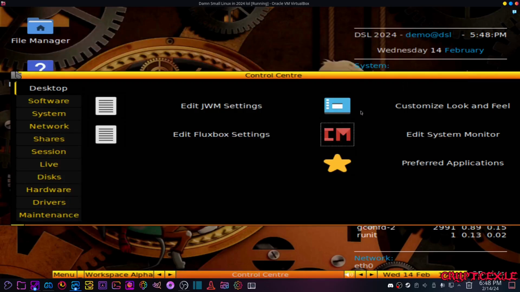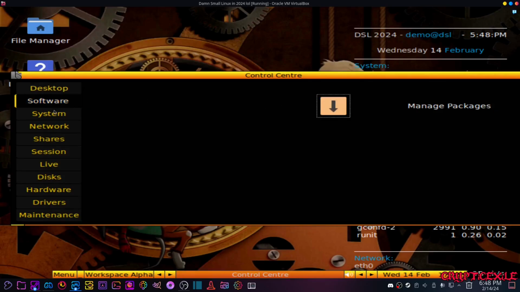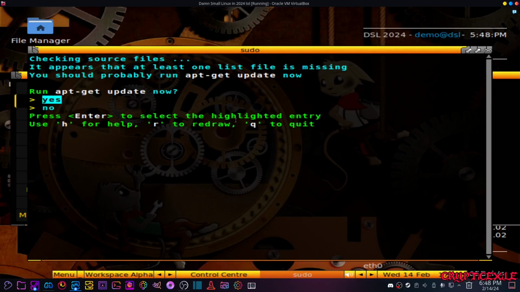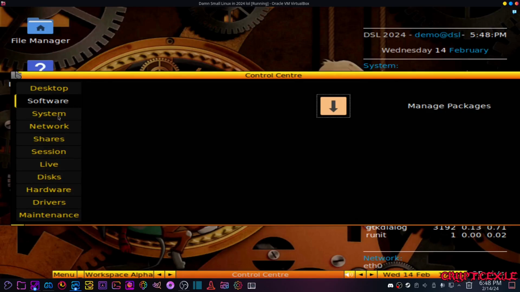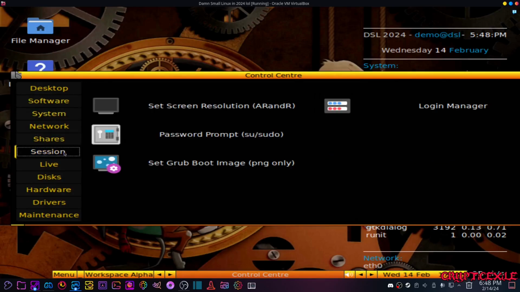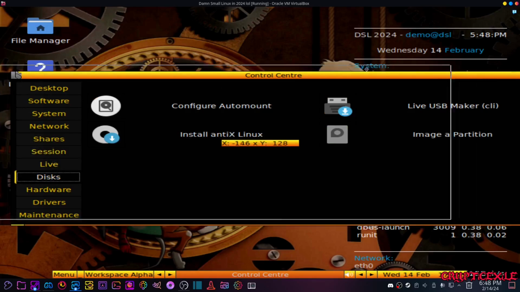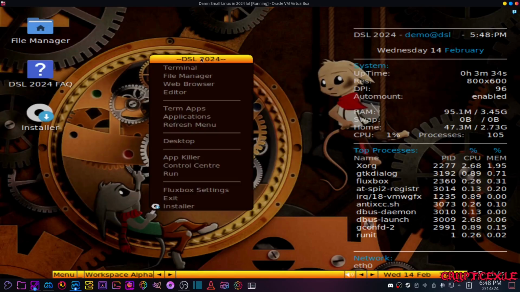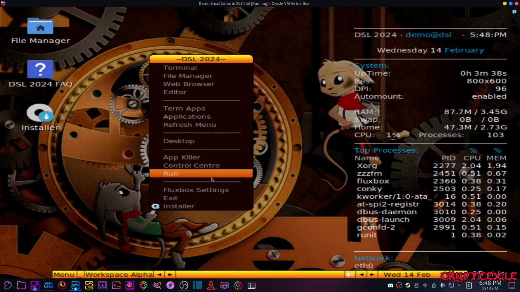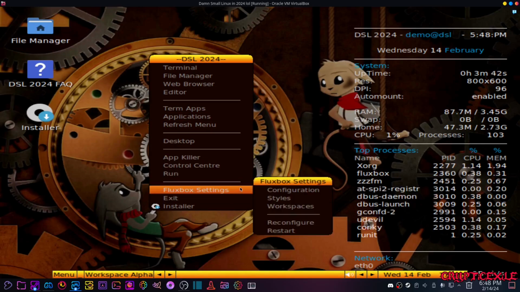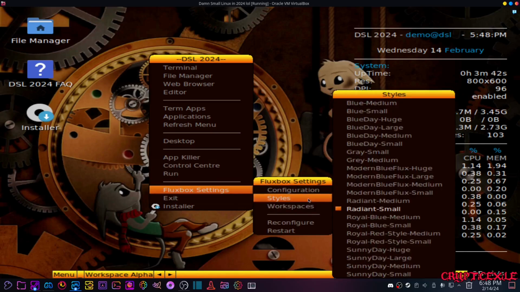Don't know what that is. System, manage packages. Huh. System, live session. Well, it has something similar to this. Yeah, Fluxbox 7 styles.